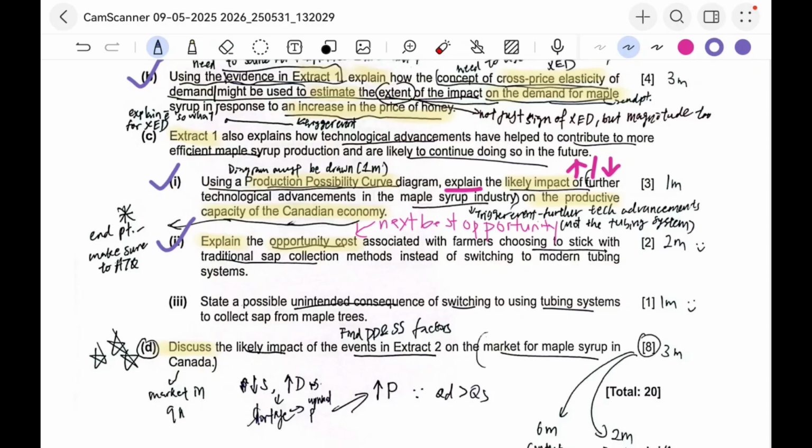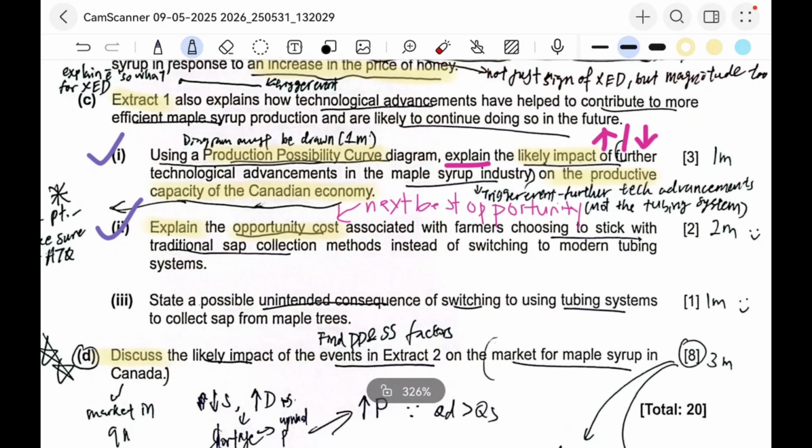There is a potential negative externality. The way this question is phrased is a little subtle, but they say unintended. You will recall that unintended is negative externality, right? Because you didn't expect that this activity has an impact on a third party, people who are not involved in the process.